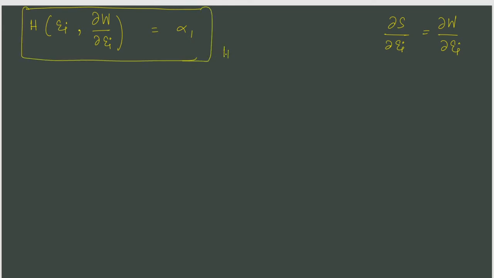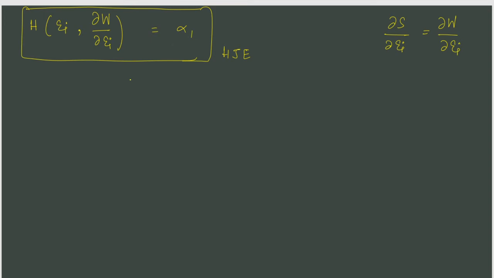We also call it again the Hamilton-Jacobi equation using Hamilton's characteristic function, and there is no time explicitly appearing in this equation. Now this is easy to solve, particularly for 1D cases.